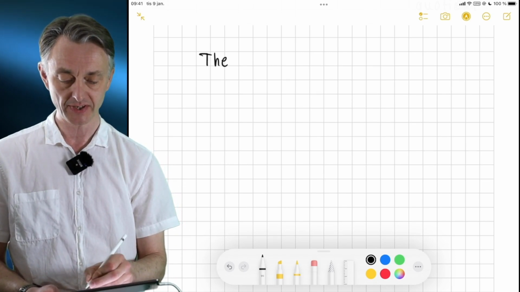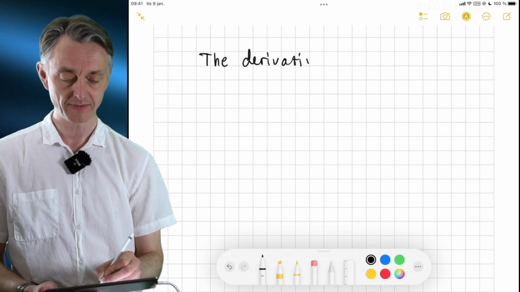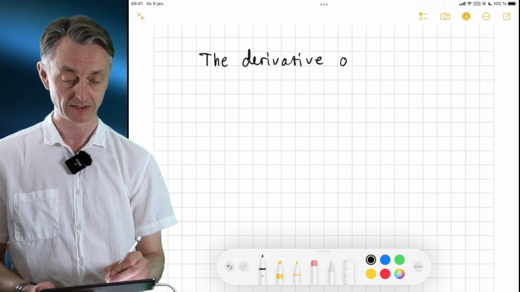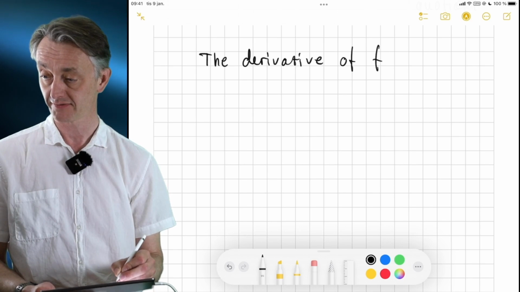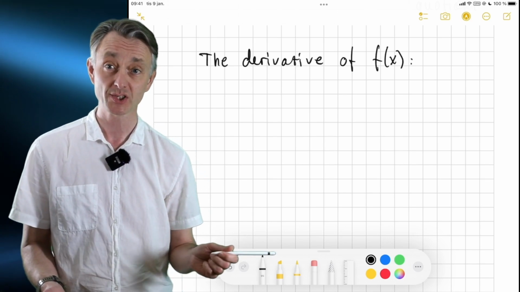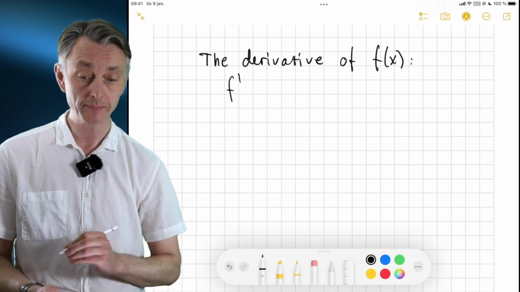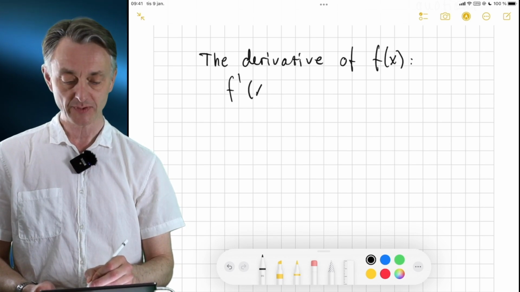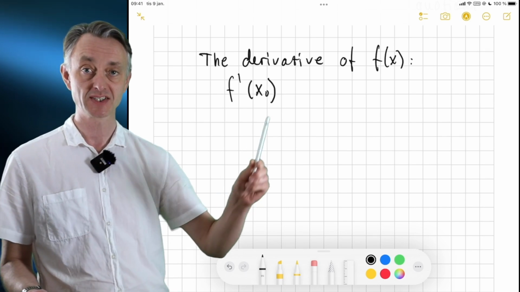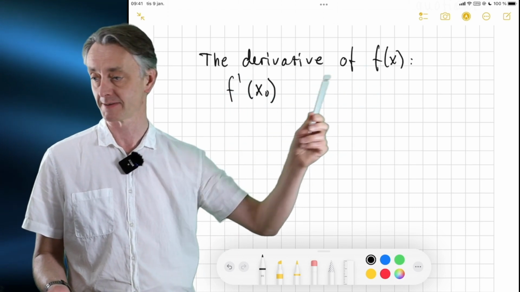So, the derivative of f of x. And usually we write that in the following way: f prime evaluated at x0. The prime here means that now we take the derivative of f of x.